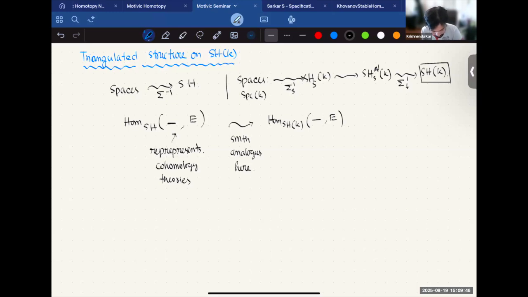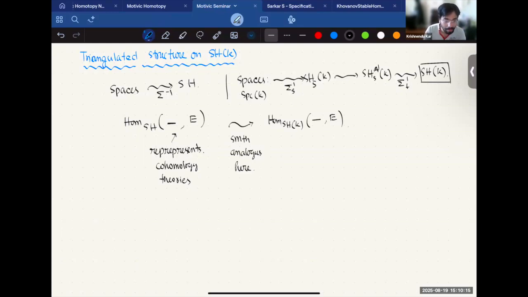Before talking about that, let's talk about one of the big features of spectra: everything is triangulated. Note that topological spaces are not triangulated, simply because you can suspend up, but you can't suspend back. You don't get distinguished triangles, but spectra are triangulated, and bispectra are also triangulated.